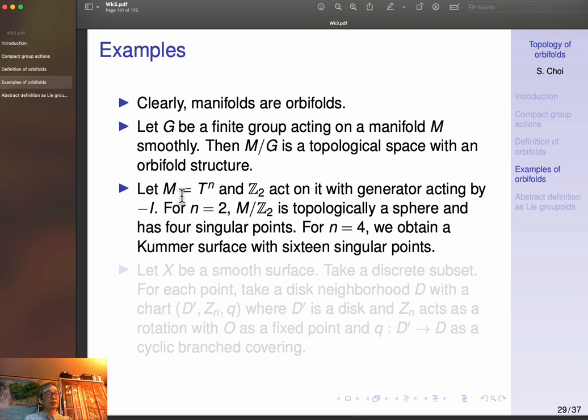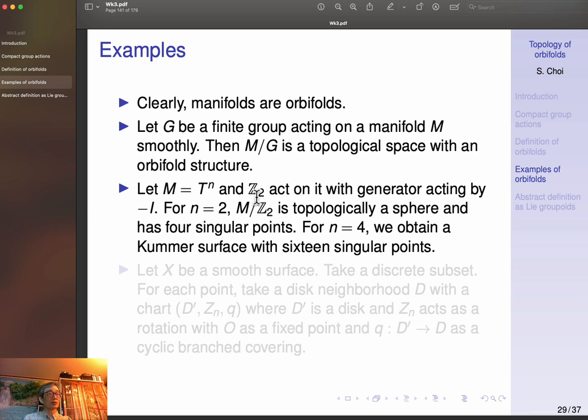So for example, let M be the torus T^n and G act on it with a generator acting by minus identity. What I mean by minus identity is that you can think of T^n as R^n mod Z^n, and then minus identity will induce a map. For n equal to 2, M/G is topologically a sphere and has 4 singular points.